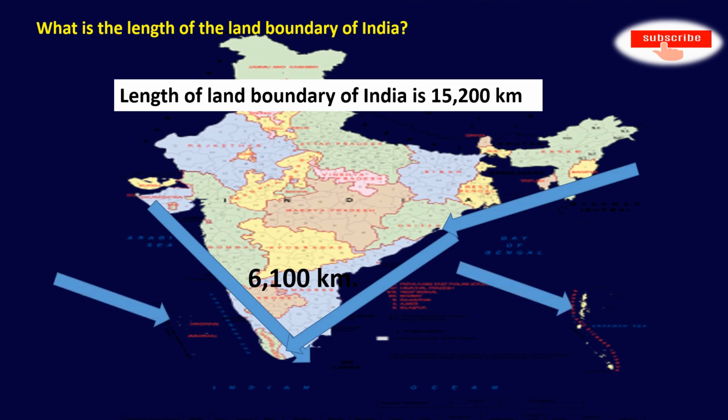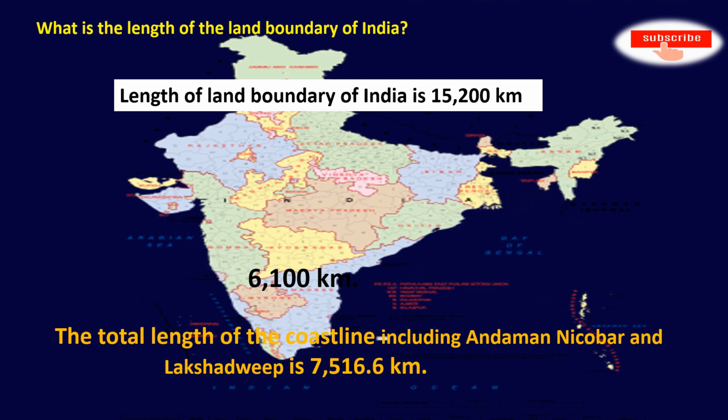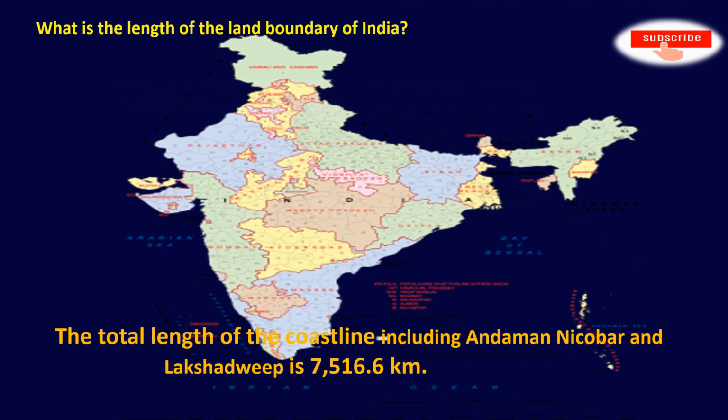And when we include Andaman, Nicobar and Lakshadweep coastlines, then the total length of the coastline is 7,516.6 kilometers. So the length of the land boundary of India is 15,200 kilometers. And the length of the coastline of India, including Andaman and Nicobar and Lakshadweep, is 7,516.6 kilometers.